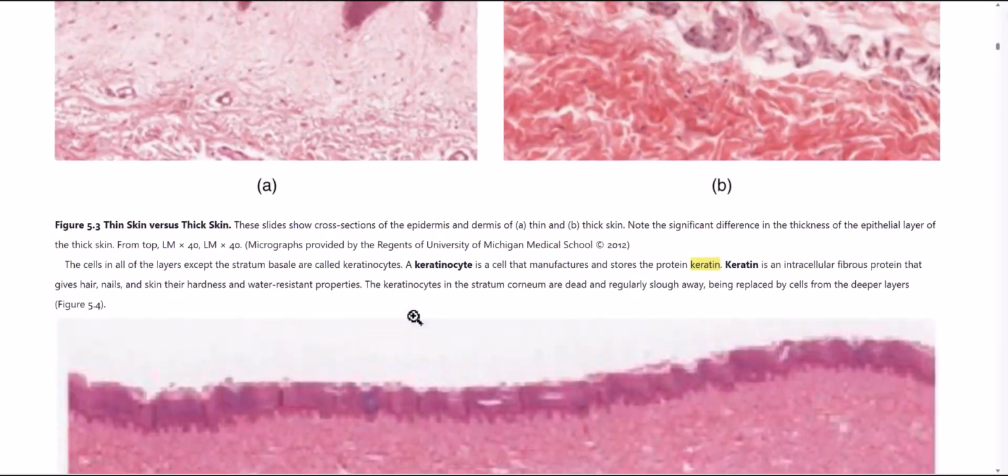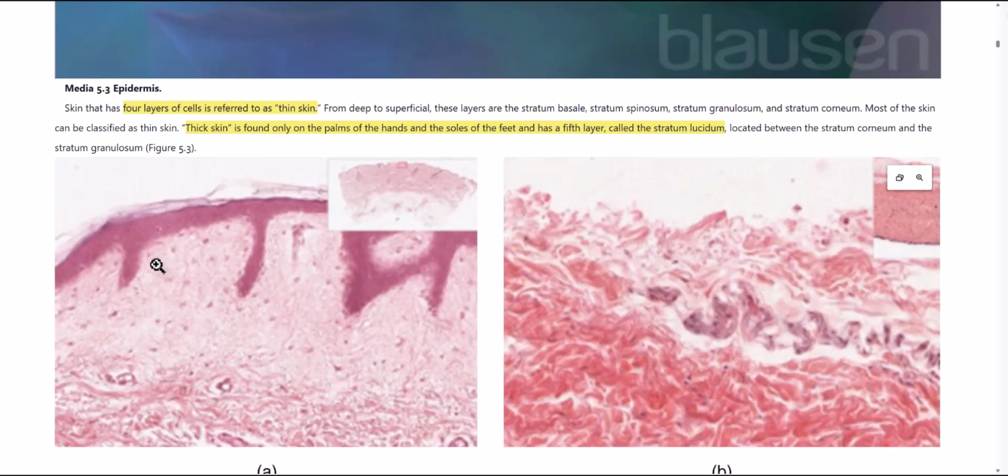I'm going to go up to the actual micrograph up here. And as you see, the epidermis, the darker pink, and the dermis below, the basement membrane runs along a set of peaks and valleys. And that peak and valley interaction of the basement membrane, notice the basement membrane is not flat here at all, right?